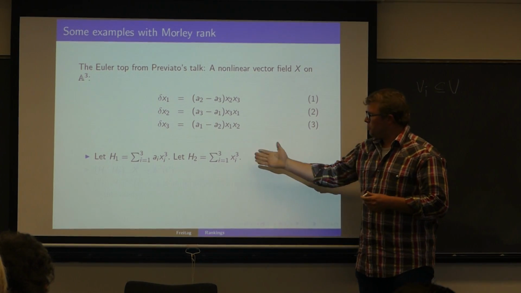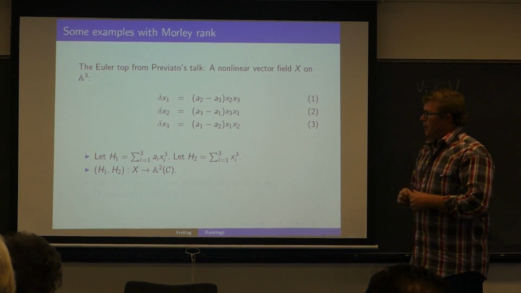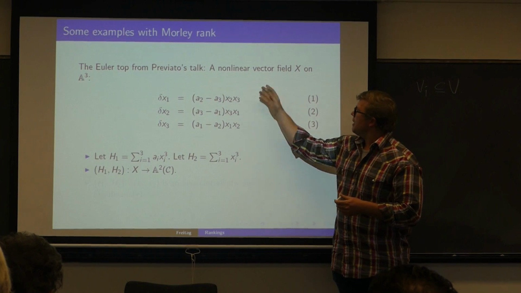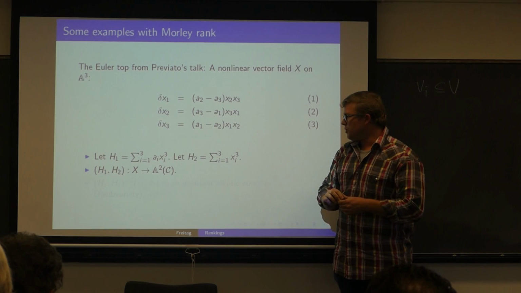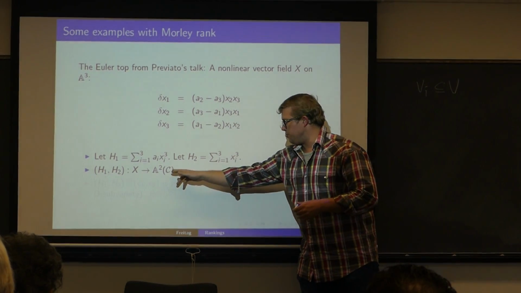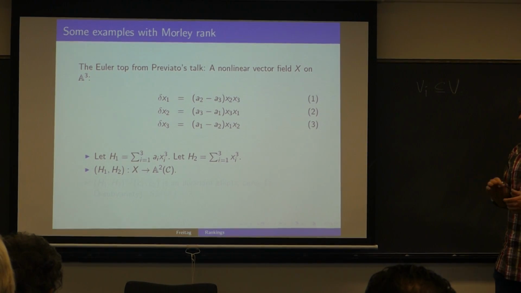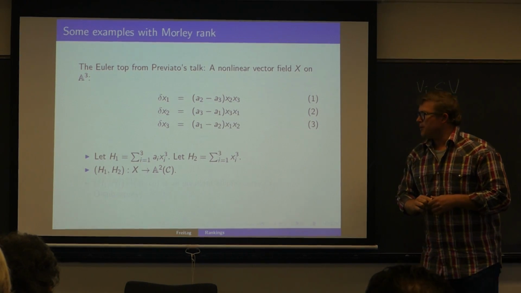And I think that she didn't say it exactly in the talk, but you can show that from the solution set, I call the solution set to this system of equations X, from the solution set X to affine 2 space, h1 and h2 define a map. Okay. And it's a dominant map.